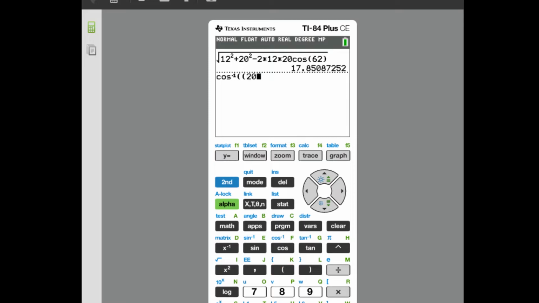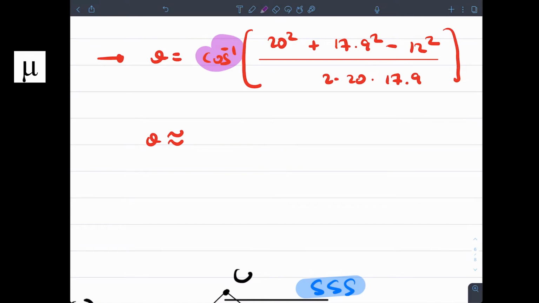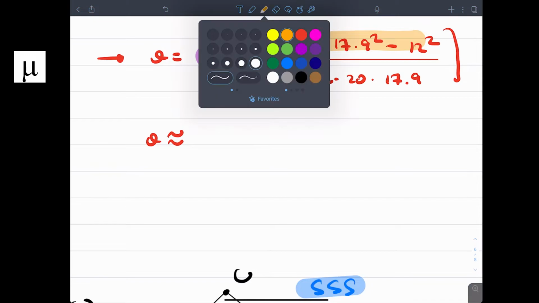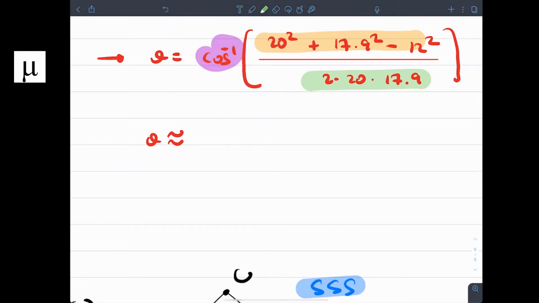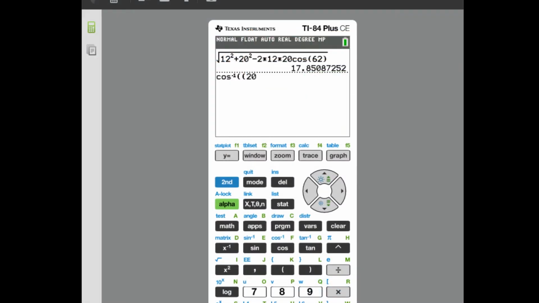Well, remember, go back to what we have here, right? Numerator, denominator. Okay, so 20 squared plus 17.9 squared, right? Minus 12 squared. 20 squared. Oh, go back. Here's a square key. I'm going to clear it out. Squared.